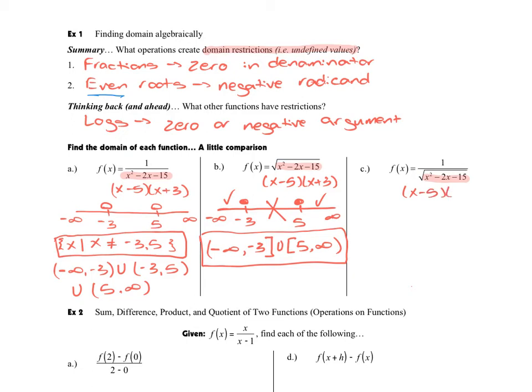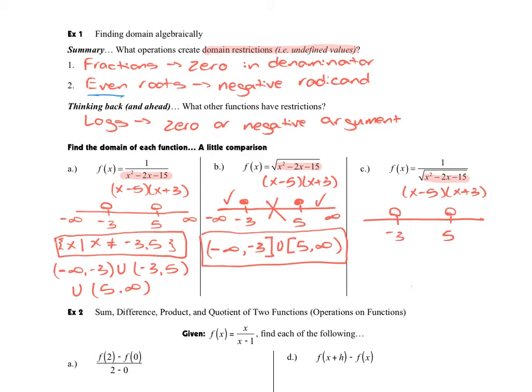So I still have the x minus 5. I still have the x plus 3. I can still stick those on my number line, my negative 3 and my positive 5. But this time, combining the two previous problems, I need these to be open circles because those values would make the denominator of the fraction 0.